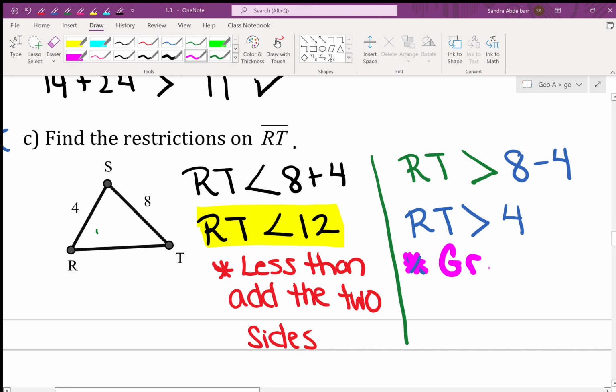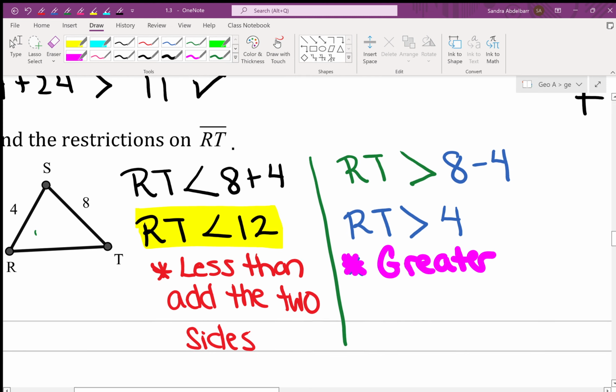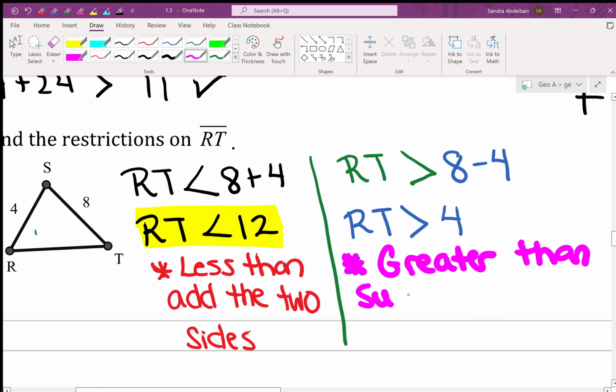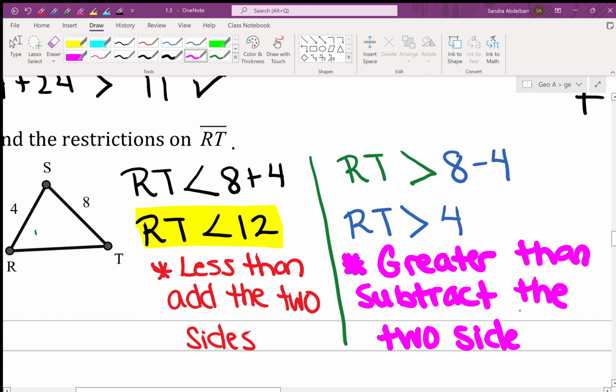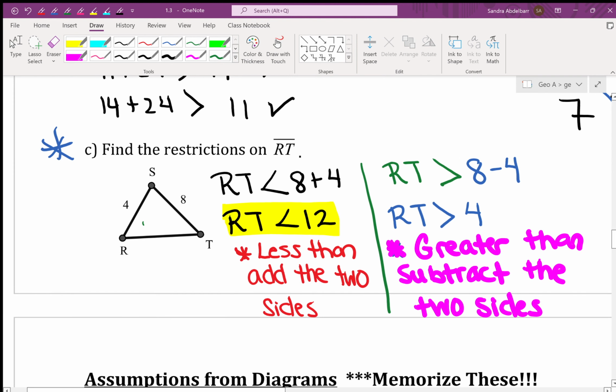Greater than, subtract the two sides. And you could leave it just like this. Less than, box it, greater than, box it, you're done.